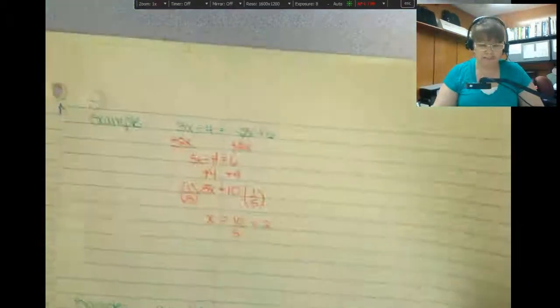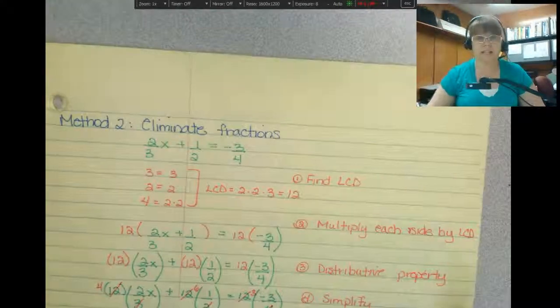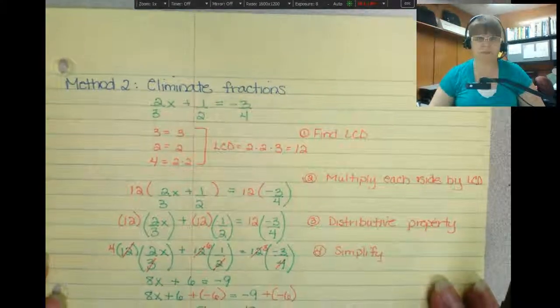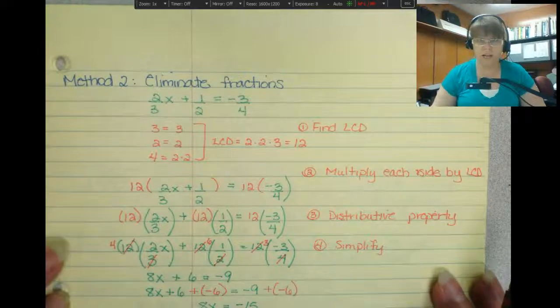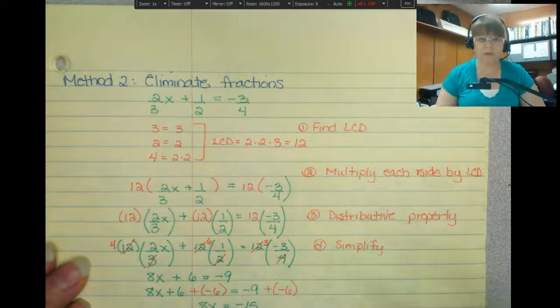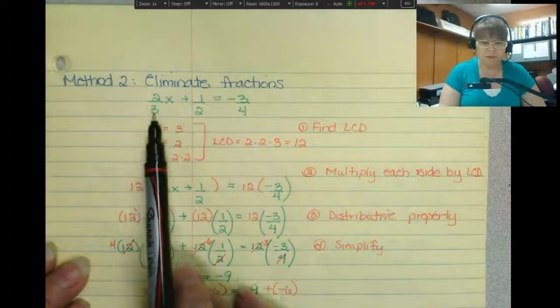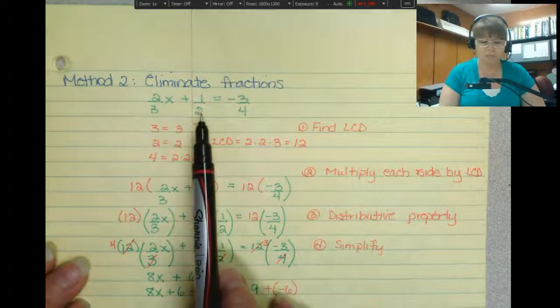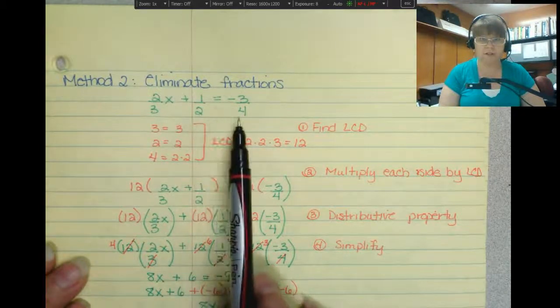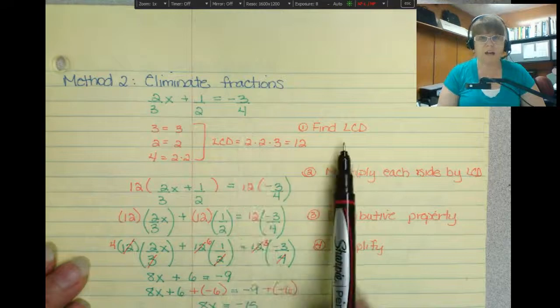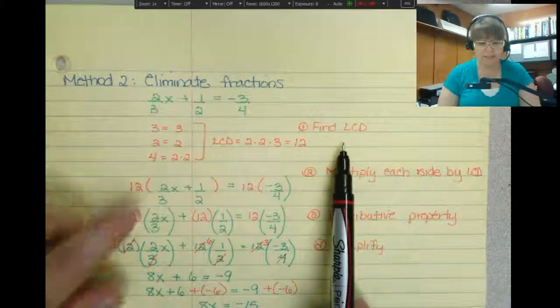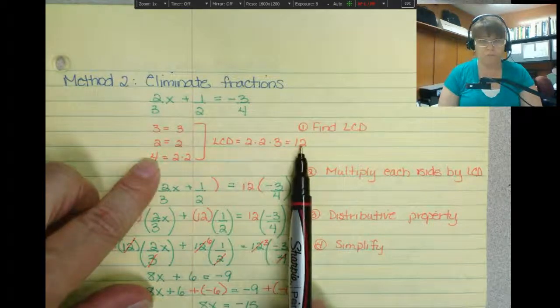The second method is eliminating the fraction. The first thing I want to do is get rid of all the fractions. I have a 3 on the denominator, a 2 on the denominator, and a 4 on the denominator. I find my lowest common denominator. In this case, it's going to be 12.